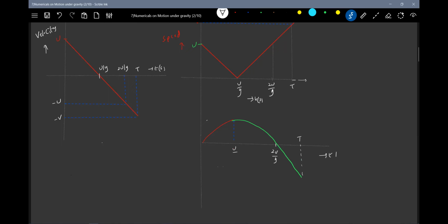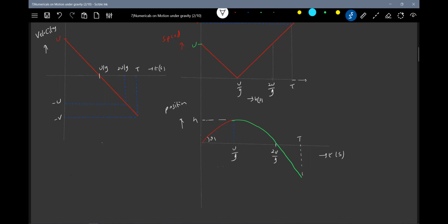This is time. This is u by g. This is that h, and this is the position. I'll write it. Hope everyone is able to understand now. See here, at the highest point, it'll come to rest. What is the slope? Slope should be 0. It is projected with a velocity, so the slope should be non-zero.